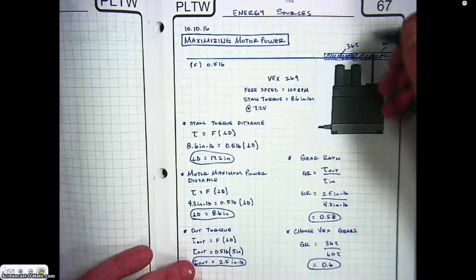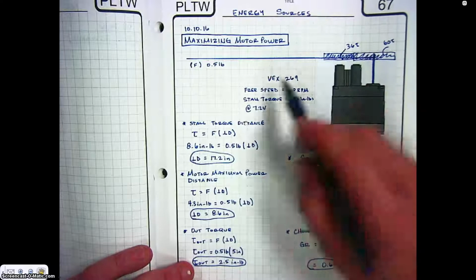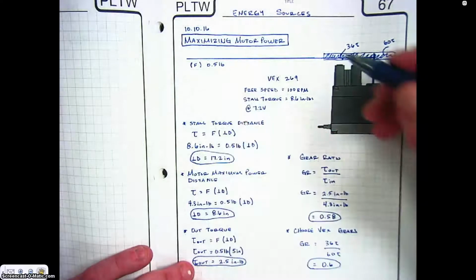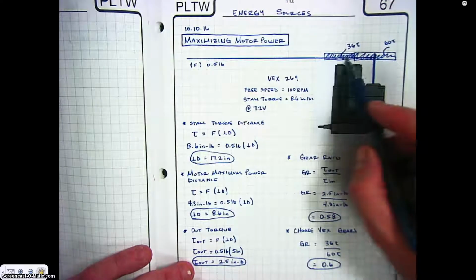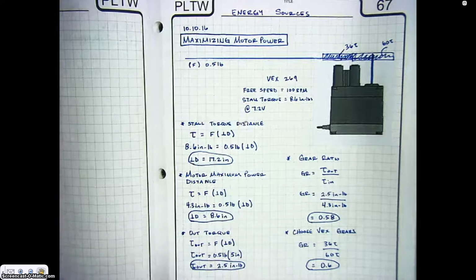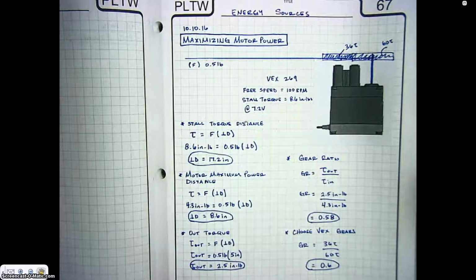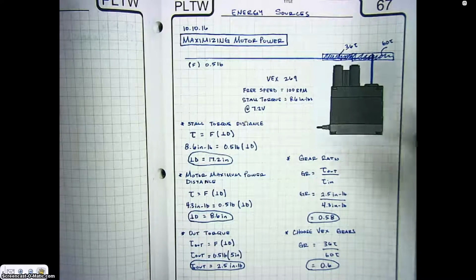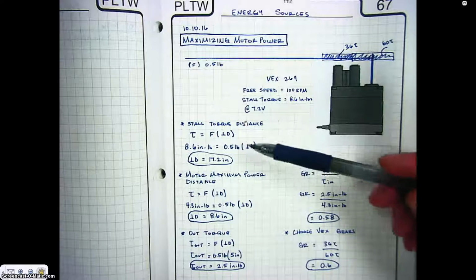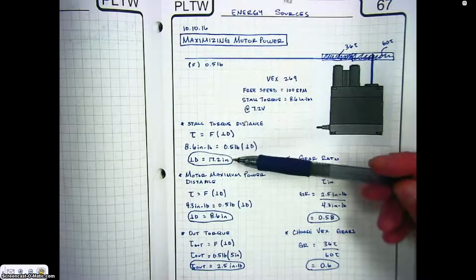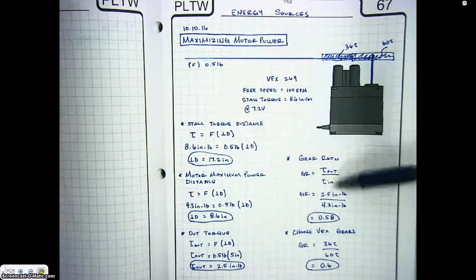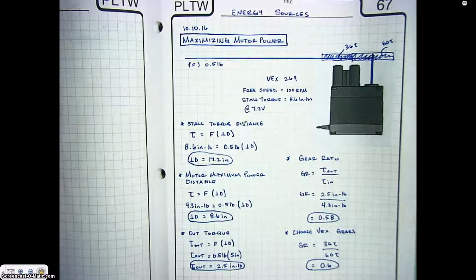If I were to use that gear ratio in our system, I would be able to lift this at 5 inches and it would use the maximum power of our motor. All right, and so there's an application of being able to use the information from the motor to figure out a gear ratio that will help you solve a problem.